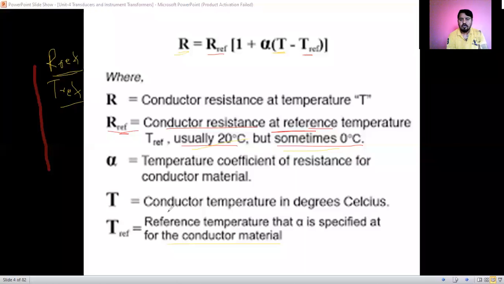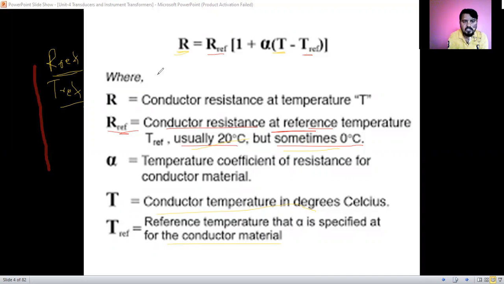So the conductor temperature in degrees Celsius, how much was it initially, how much is it now? For T degrees Celsius, what is the resistance of that conductor, that is called the change. This is the initial we are considering, and R is nothing but the final value. So what is the total change? R minus R reference, final value minus initial value.